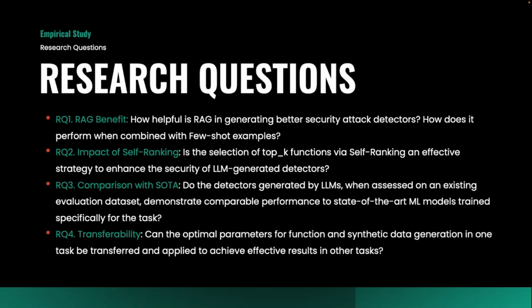Then we have the comparison with state-of-the-art, that is RQ3, that is, of course, just in the training dataset available scenario, basically how far we are from the state-of-the-art models. And then there is the most interesting question in the TDA scenario, the transferability, because we can have that for one task we are in the TDA scenario. Think about XSS. We can have a dataset for XSS, but maybe we don't have a dataset for another vulnerability.